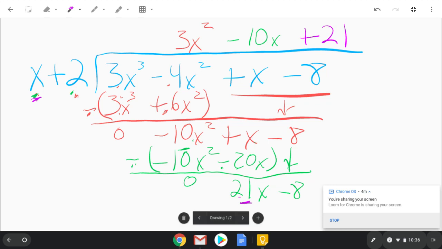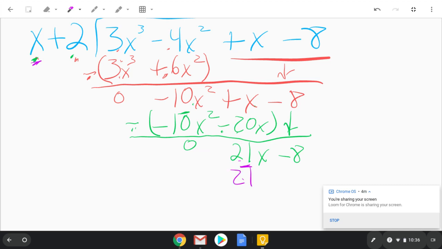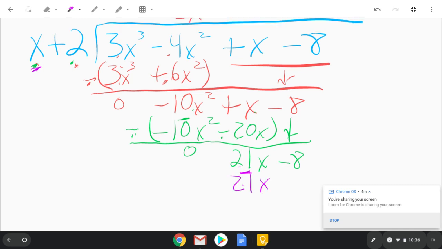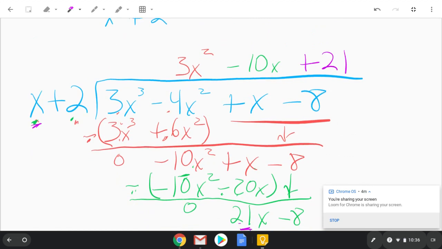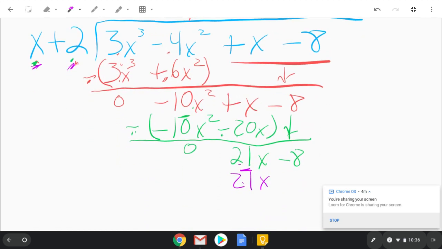And then we're going to take that purple 21 and multiply it by the binomial out front. So 21 times x gives us 21x. All right, and then 21 times 2 gives us 42.